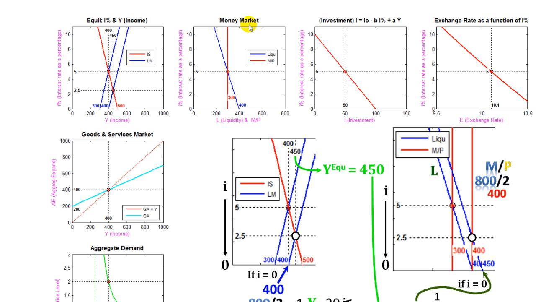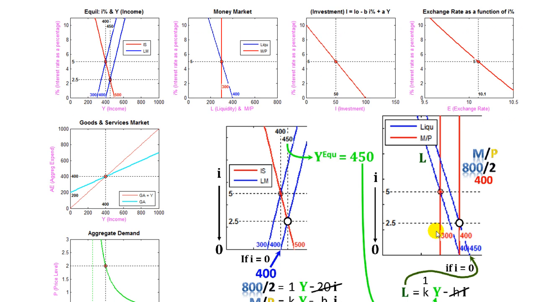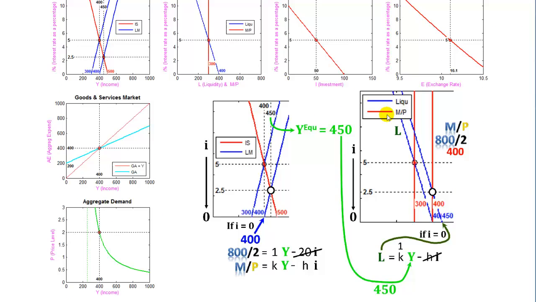Now we are going to use this information and we are going to go to this graph, the money market. In the money market, we have real money supply, which is this red line, and real money demand or liquidity, or L, that is this blue line. So before we increase M, we have this red line that was 300.